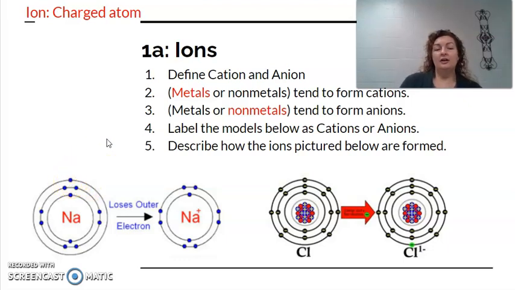But all atoms really want to have a full octet. And a full octet is a full outermost shell. So their valence shell being full with 8 electrons, it makes them stable. It makes them like happy, right? So that's what all atoms are after.